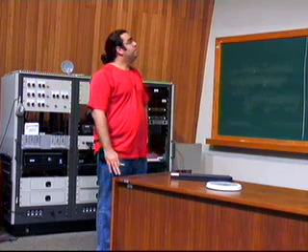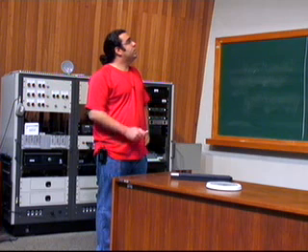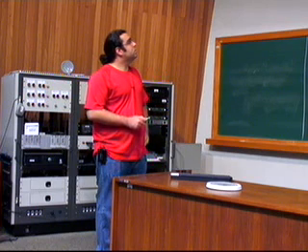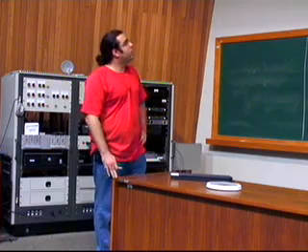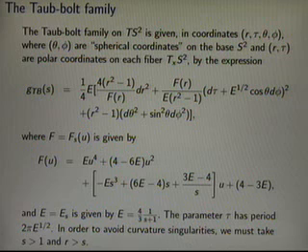Okay, so here's an explicit expression for the Taub-bolt metric. It's a metric on TS2, the tangent bundle of the two-sphere. Here I have coordinates r, tau, theta, and phi. Theta and phi are spherical coordinates, and r and tau are polar coordinates on the fiber.